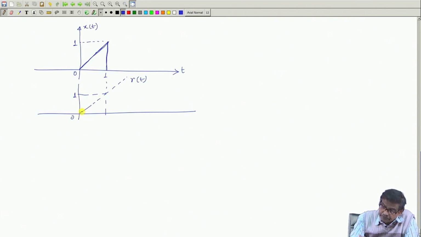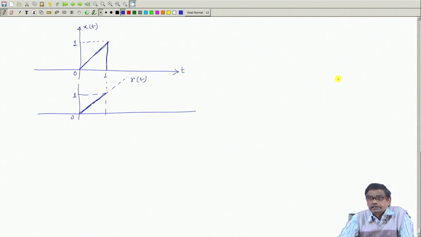So, up to this point it is fine, ramp function, but after that the function drops down to 0 and maintains its 0 value for t greater than 1. For t less than 0, of course, the functional value is 0.